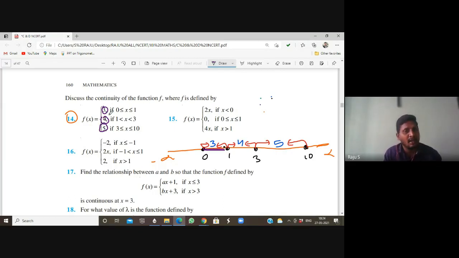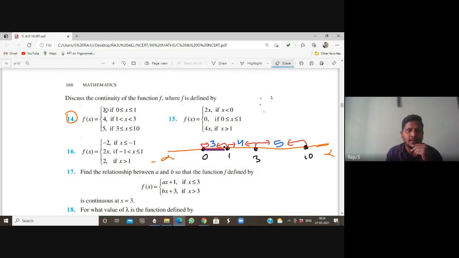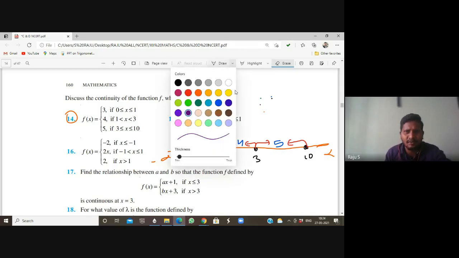Constant functions. I said very clearly, constant functions are continuous everywhere. Am I right? See here, from 0 to 1 we have 3. 3 is a constant function. So clearly it is continuous. I will write the steps also.